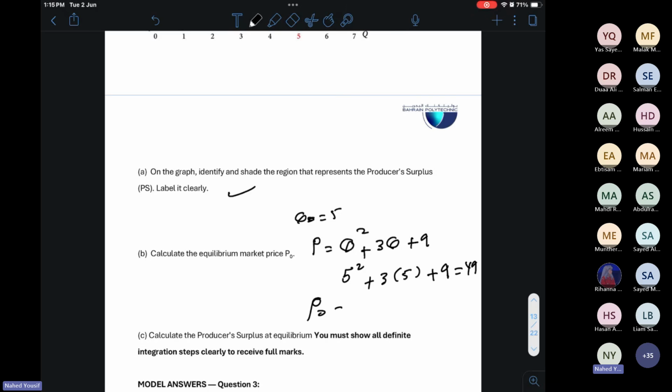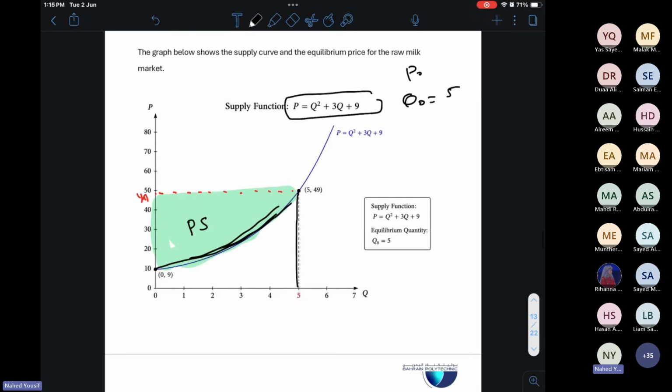So our P naught is 49 BD. Is that clear? This is similar to what you have here, so you can check in the exam whether your answer is correct or not. Clear?